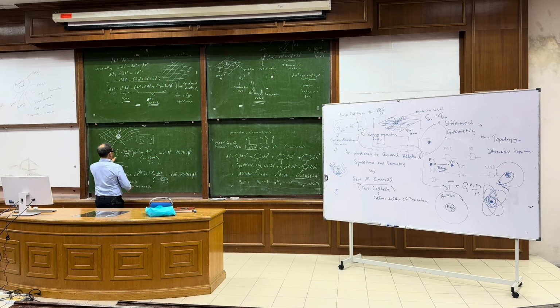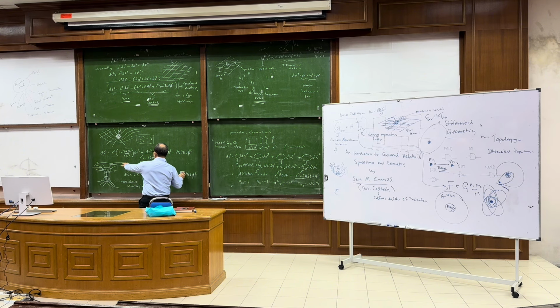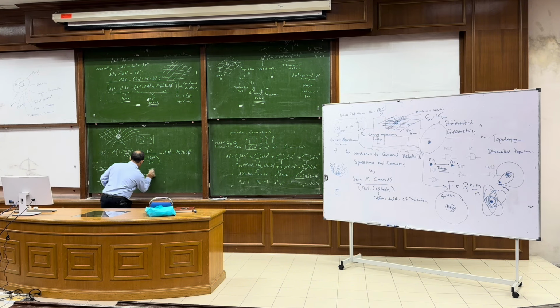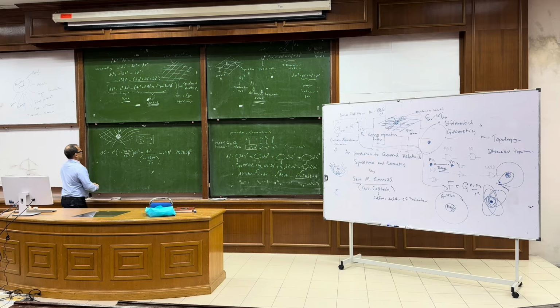It is the same with the wormhole. Let's take this one. So what is G00 here? Let's take the wormhole case. The same thing, we continue. So what is G00 here?